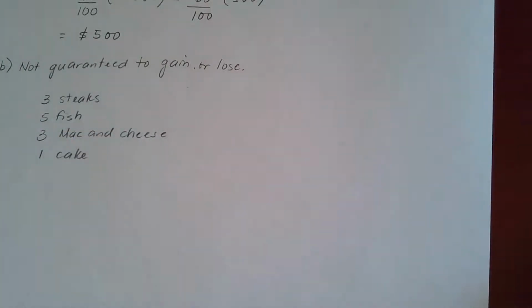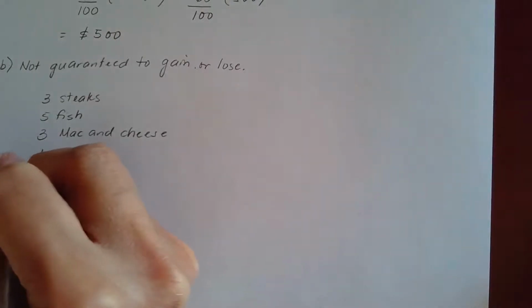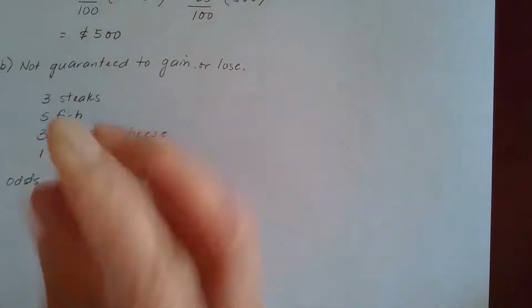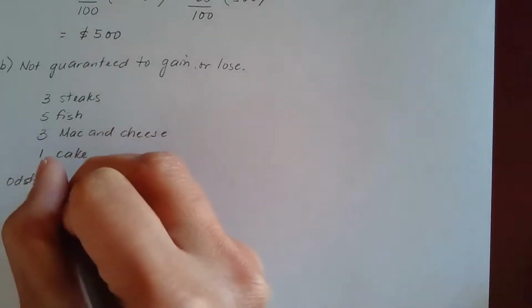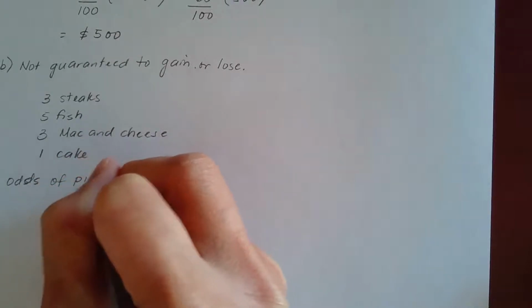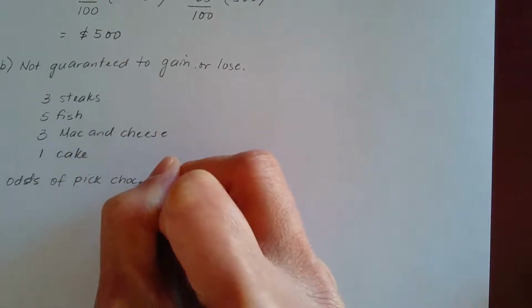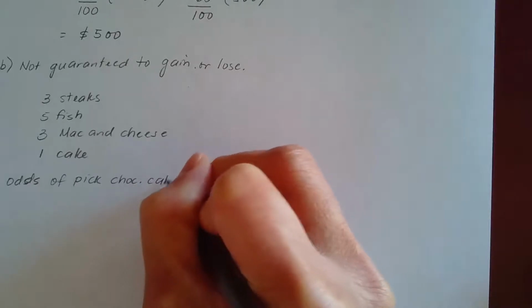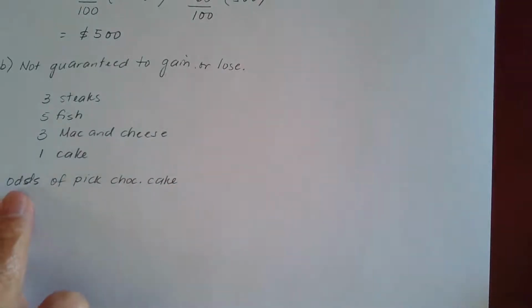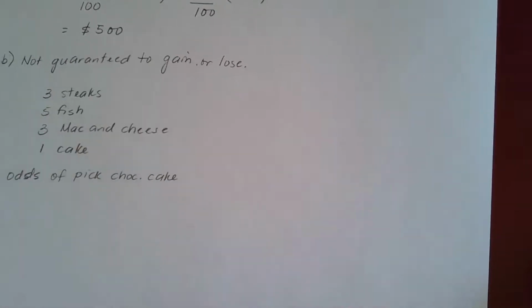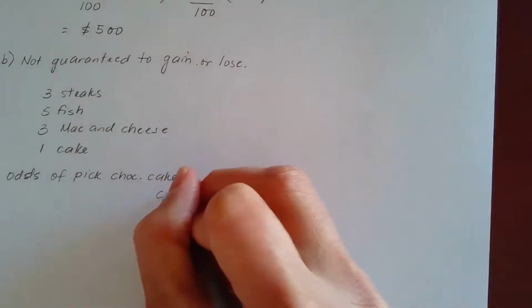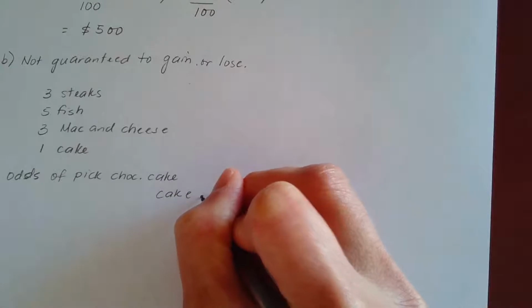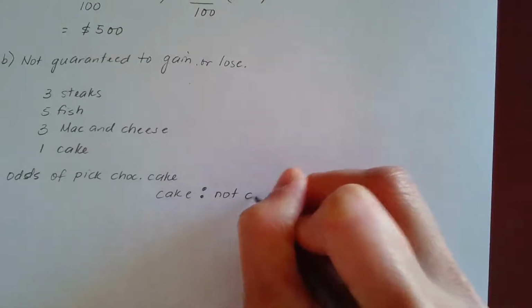It says 6A says, what are the odds of picking a chocolate cake? Because we're talking about odds in here, odds in favor of picking a chocolate cake, we're going to look at the ratio between cake is to not cake.